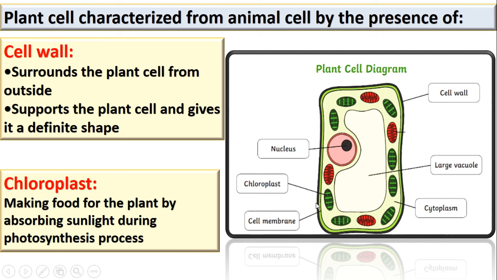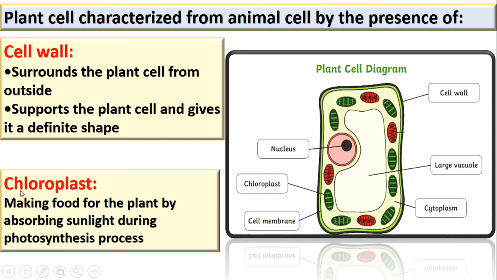So now the plant cell has a definite shape that can't be changed, because there is a cell wall supporting the plant. Inside our bodies, we have bones, and the bones support our body, and the cell wall in the plant cell supports the plant. Okay, so this is the cell wall.